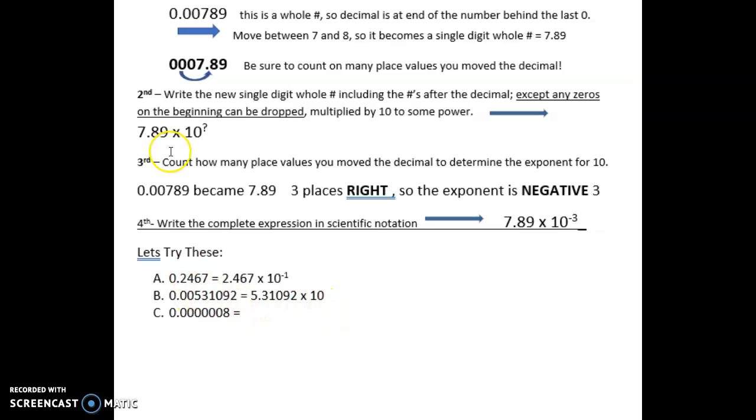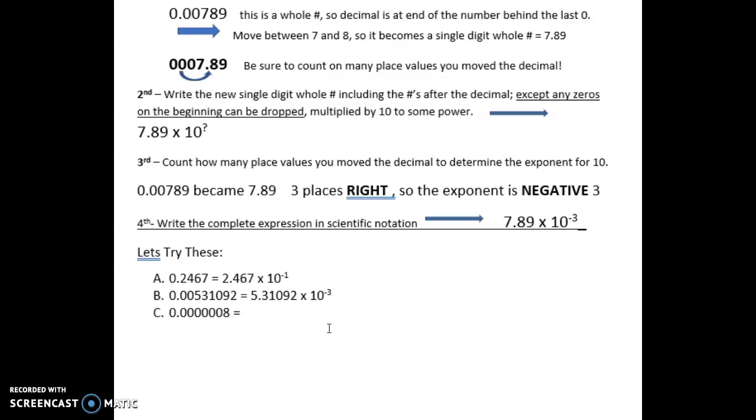Because my original number was very small, I know my exponent's going to be negative, and because I had to move it to the right, let's count. We're going from 0.0053, we had to go 1, 2, 3 spots to the right, so I now have an exponent of negative 3.